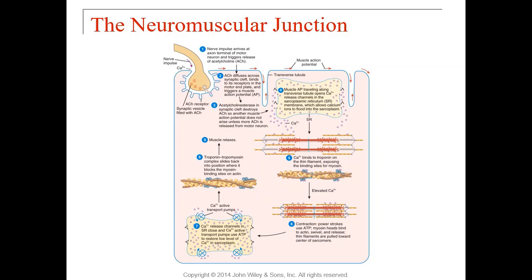Step 6, myosin heads will bind to actin, forming the cross bridge. Step 7, myosin heads will pull actin towards the M line during the power stroke. And step 8, myosin heads will bind ATP to release actin and cycle again and again and again until you've hit maximum contraction. That's how you move. This one slide does it all.